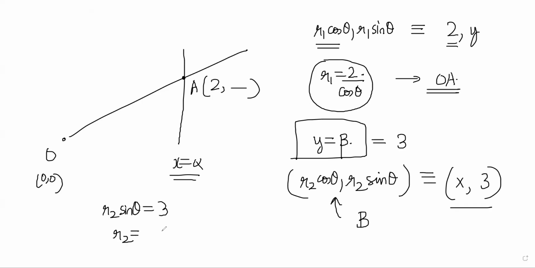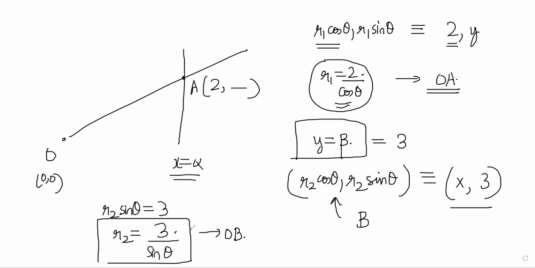So r2 will be equal to 3 by sin theta, right? Notice that cos theta and sin theta are constant for the line because it's a straight line and the slope will remain the same. So both of the parametric forms will have the same theta. So I have gotten R1 and R2. R2 is OB, R1 is 2 by cos theta and R2 is 3 by sin theta, right?